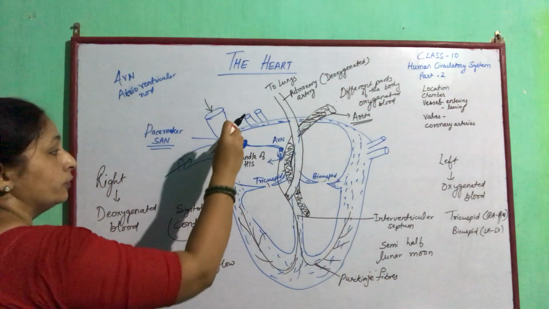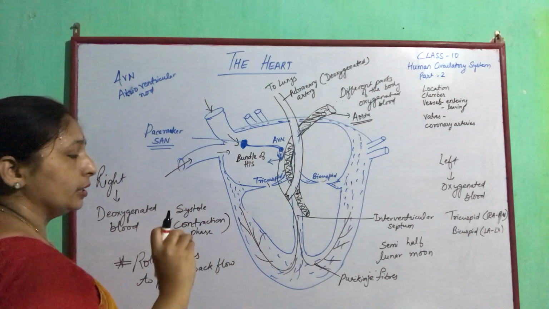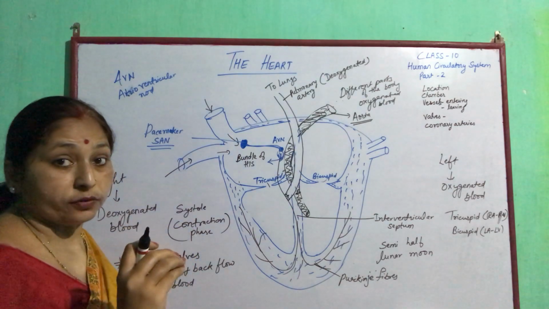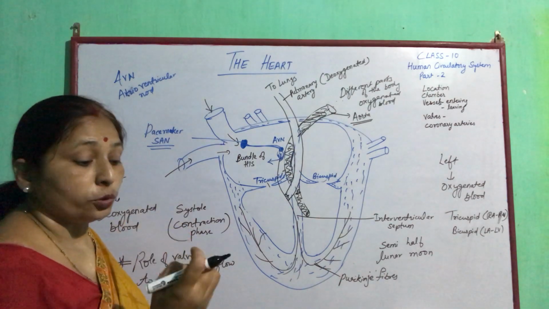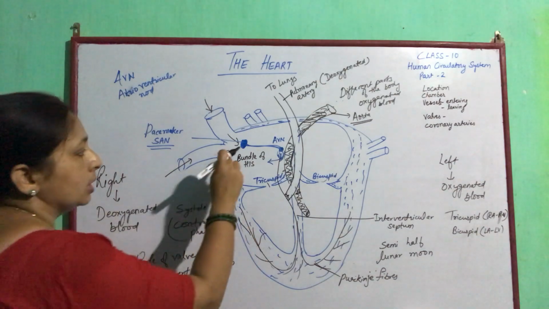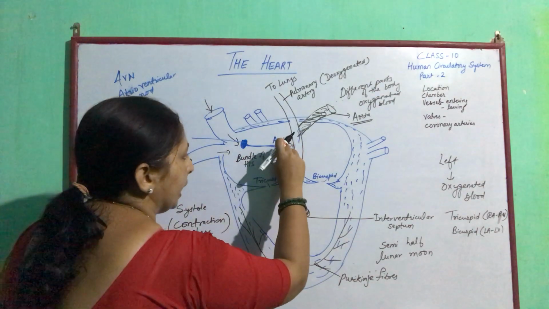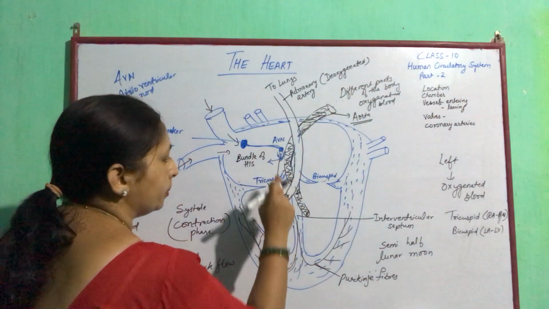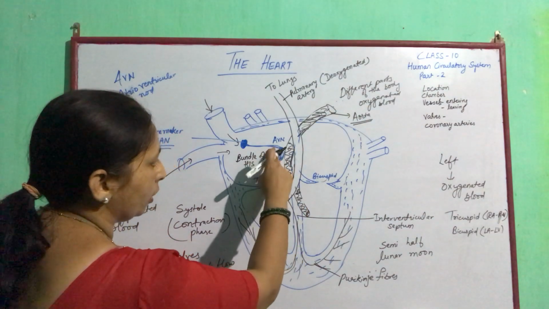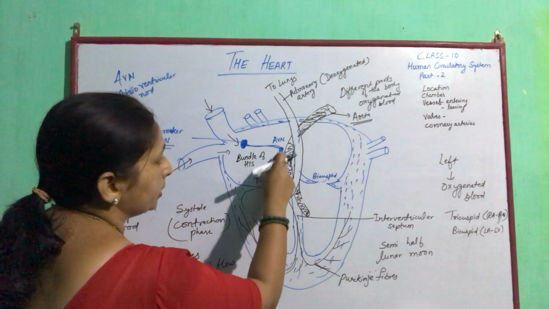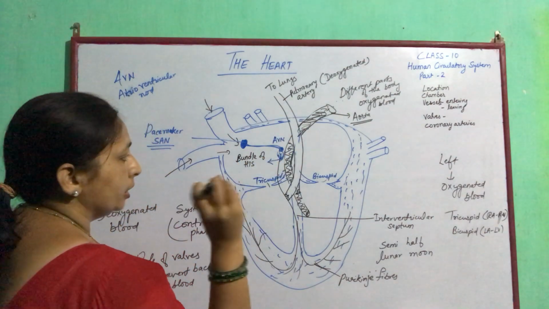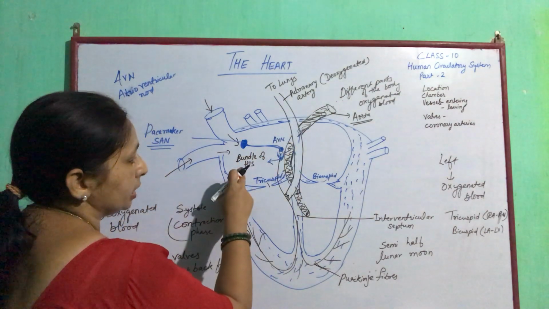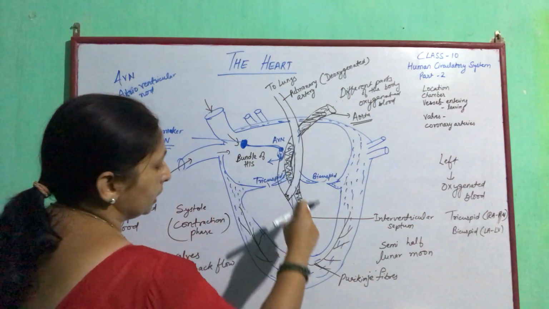From the sinoatrial node, whose role is to initiate the impulse, it is carried over to the AVN. Location is towards the interauricular septum near the cuspid valves, and just below it is a bundle of fibers which is termed as bundle of His.